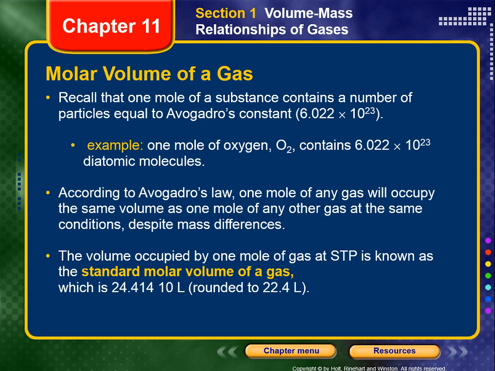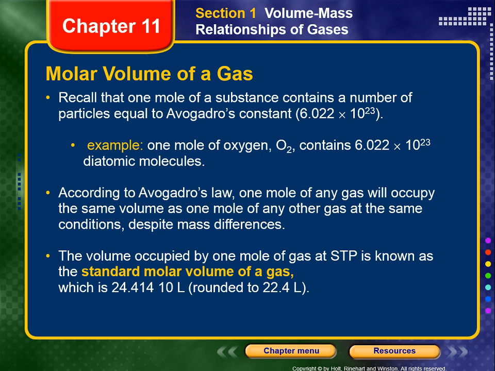So according to Avogadro's law, 1 mole of any gas will occupy the same volume as 1 mole of any other gas at the same conditions, despite the mass differences. Refer back to the little video from Robot Lady if you want another visual representation of that.